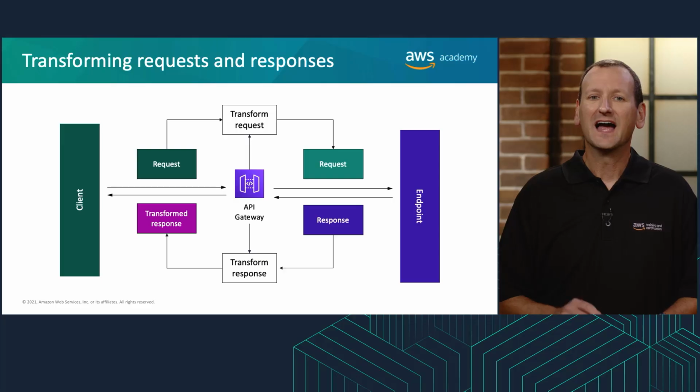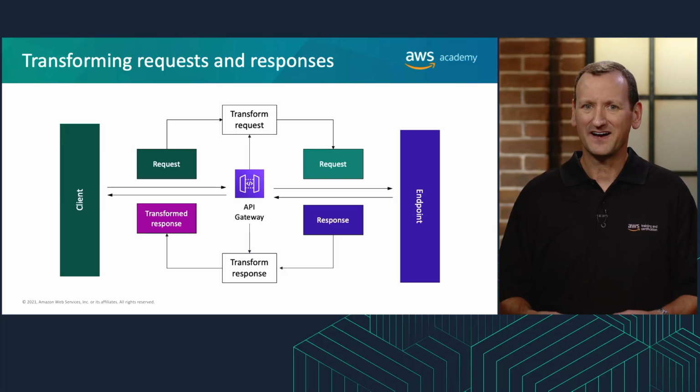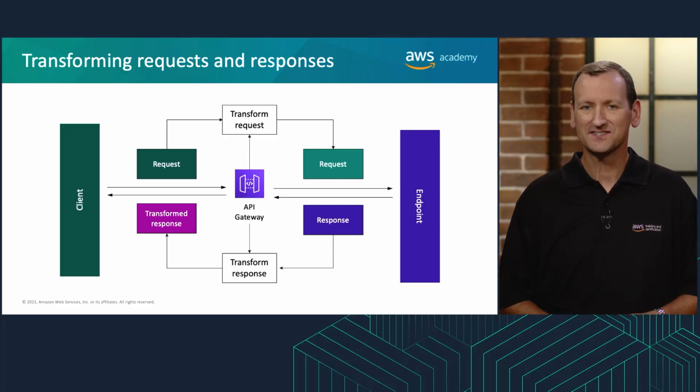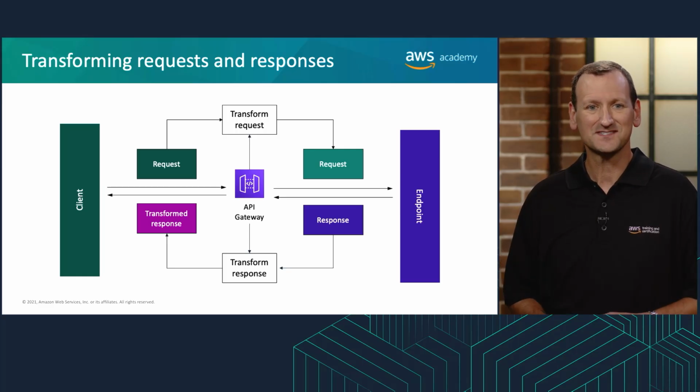Now, we'll look at how to modify API requests from clients before they reach your backend integrations. As illustrated in the Lambda non-proxy integration example, you can modify API requests from clients before they reach your backend integrations. You can also change the response from integrations before API Gateway returns the response to the clients.